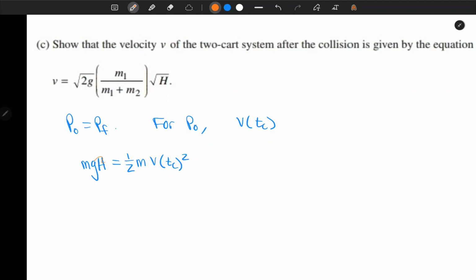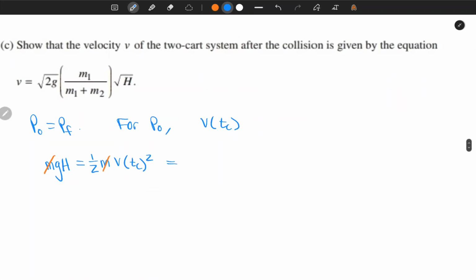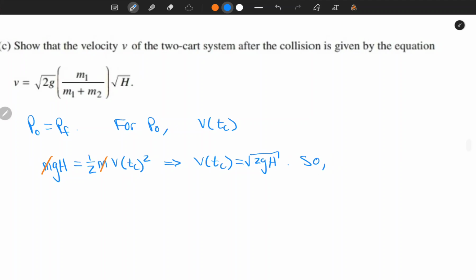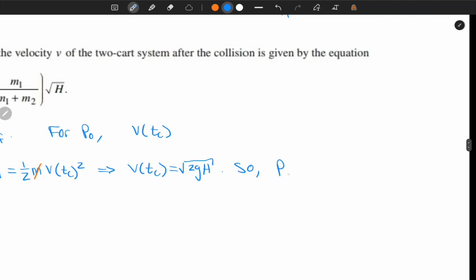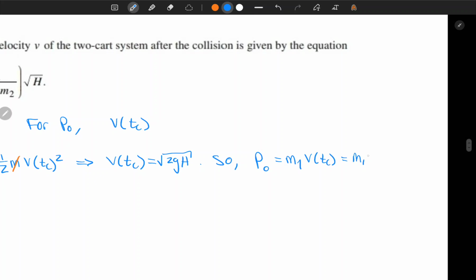Then, canceling the m's and solving for v, we find that v at the time of collision is equal to the square root of 2gh. So the momentum before the collision is equal to m1 times v at tC, which is equal to m1 times the square root of 2gh.